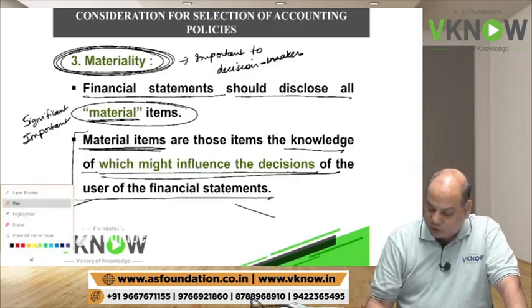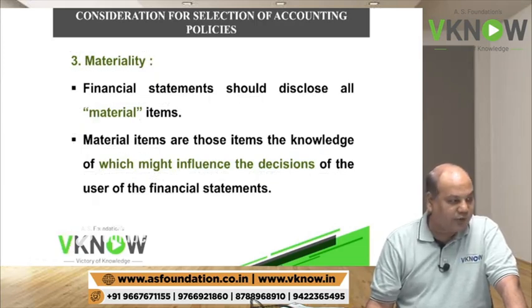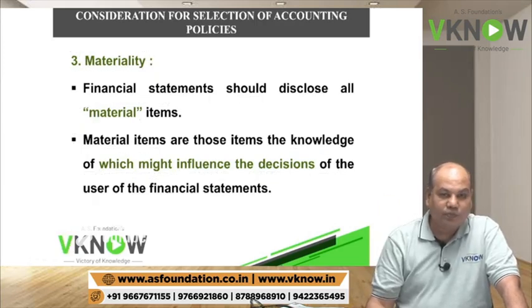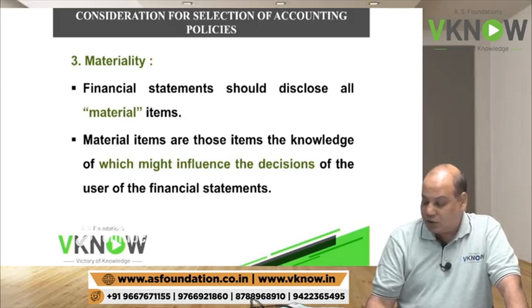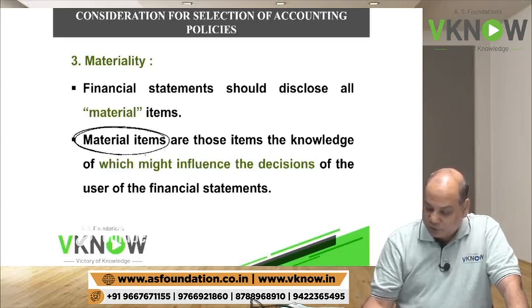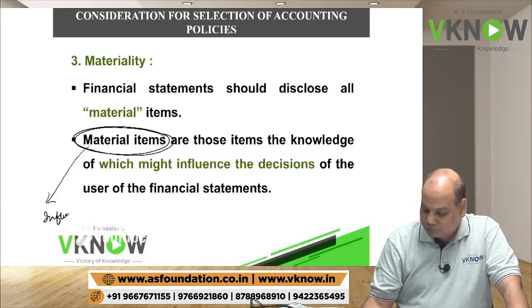That is what they teach you in 11th standard accounts classes also. Material items are those items the knowledge of which can influence the decision of the users of the financial statement.